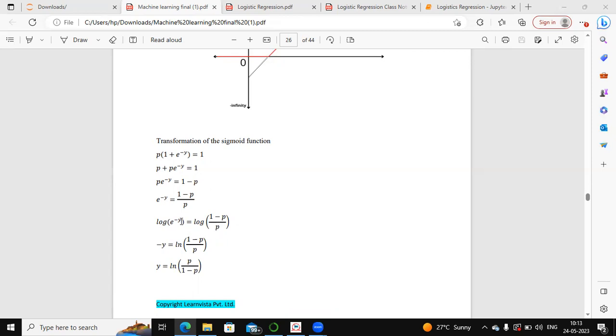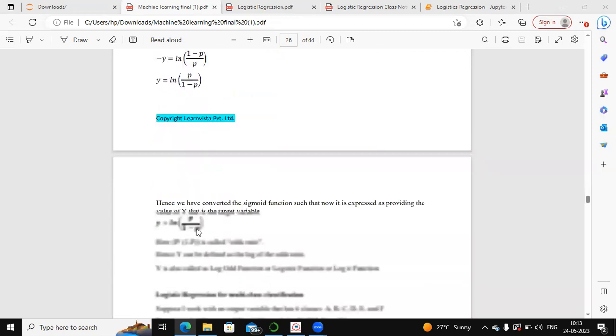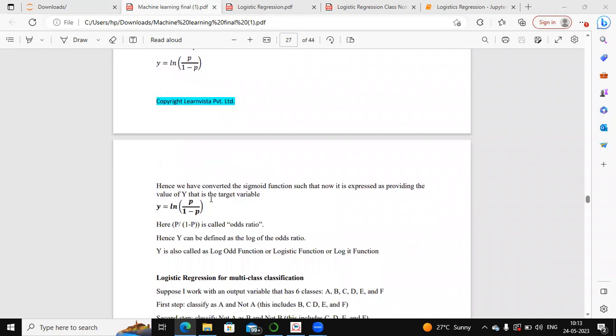The power of minus y comes out on the left hand side, and log e to the base e is equal to 1. So -y = ln((1 - p) / p). Apply the minus sign, so the numerator goes to the denominator and vice versa. So y = ln(p / (1 - p)). Hence, we have converted the sigmoid function so that it now provides the value of y, the target variable.